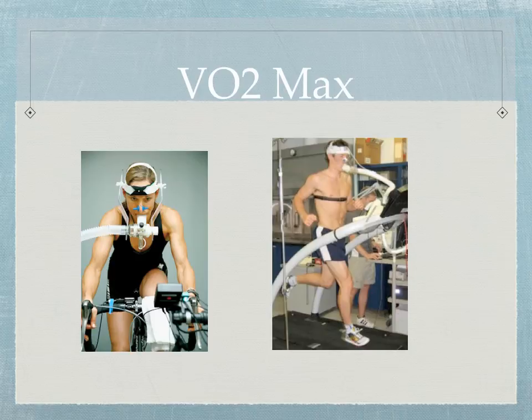The muscle is able to extract more oxygen, but eventually it will reach a maximum level. When you do oxygen consumption studies, you'll see that the oxygen consumption will eventually level off because they've reached their peak capacity. Their heart can't pump the blood any more effectively, and their tissues cannot extract it any more effectively.